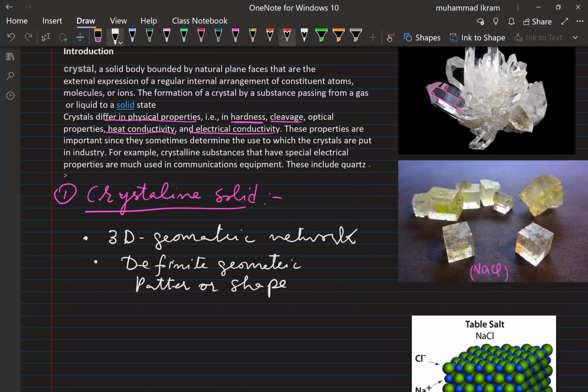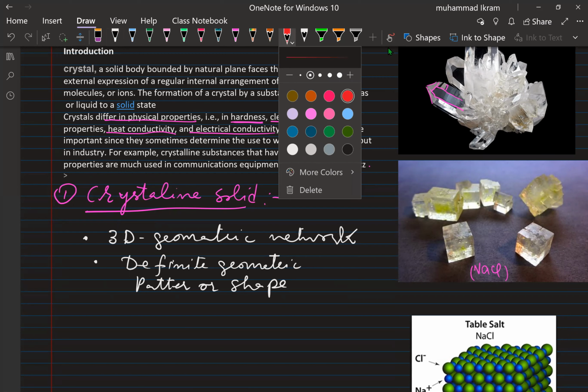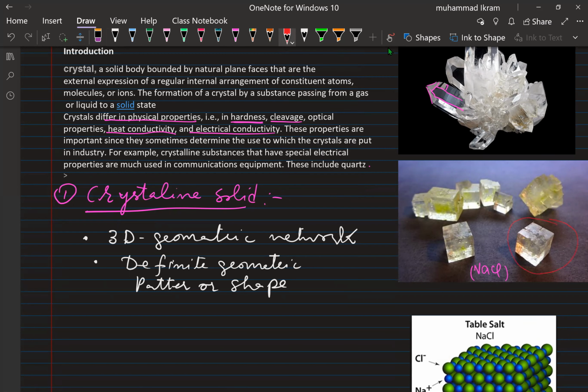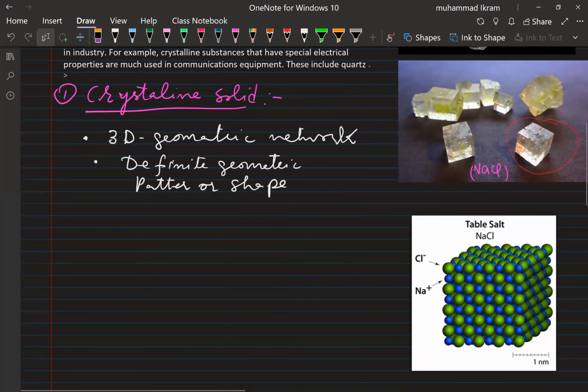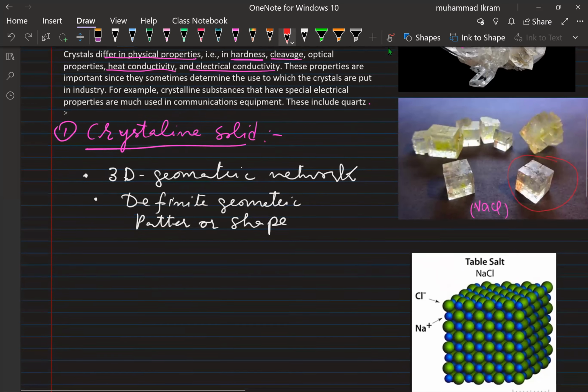As you see here, for example, in the case of the sodium chloride crystal, you see here a cubical shape structure like this one. Here you see this is the sodium chloride crystal. You see here the chlorine atom, and you see here the sodium atom.